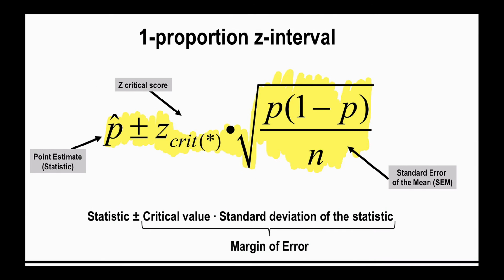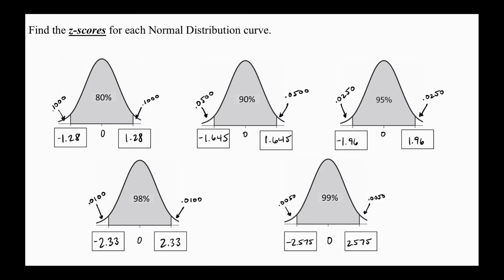This is the equation we're going to use, right? p hat is our point estimate, because sometimes they say, find the point estimate. What is that? That's based off the sample. What was the sample proportion? Okay. Z critical comes from our table, the table that we did yesterday based off of the Z scores, right?